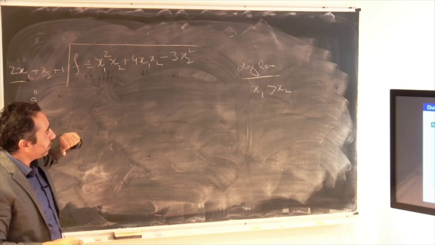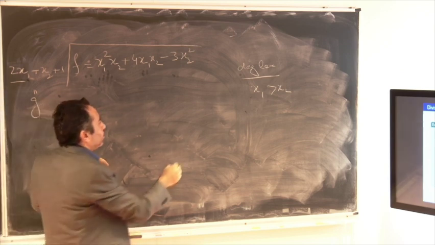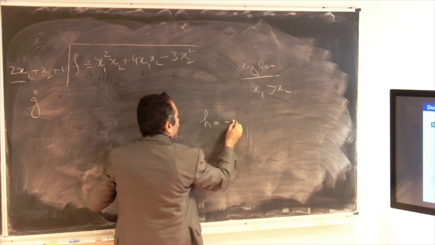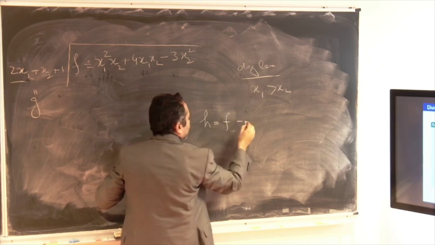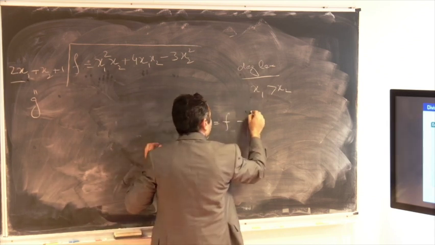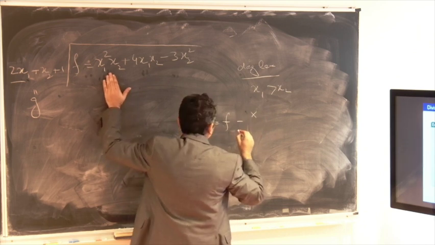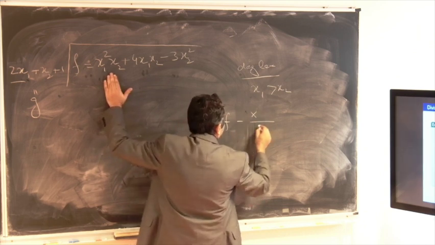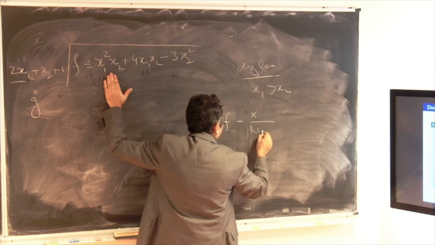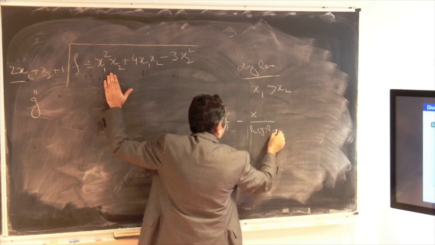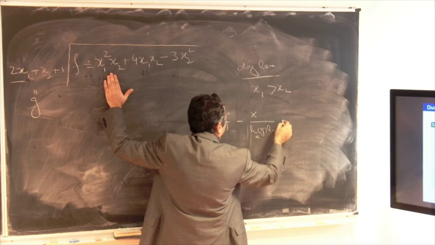Now coming back to the same calculations, to get h, you remember we said h is equal to f minus a particular monomial: the leading monomial of f, over the leading monomial of g, multiplied by the leading coefficient, and we multiply it with g.